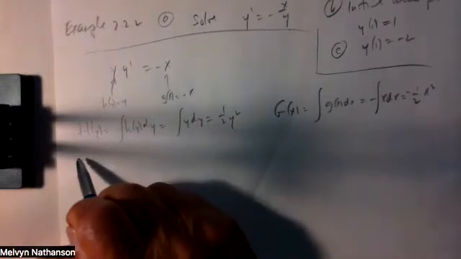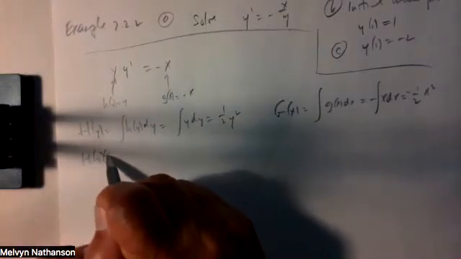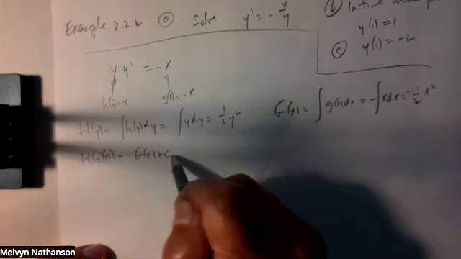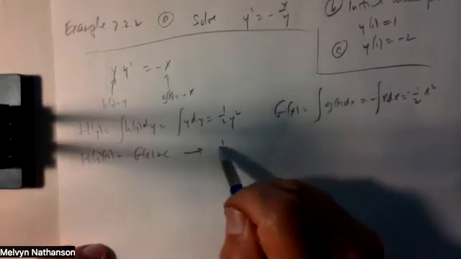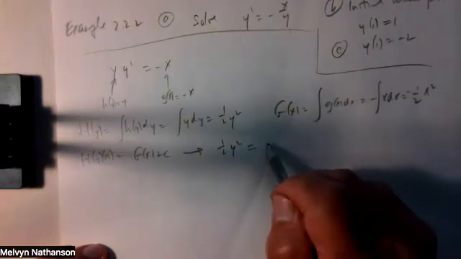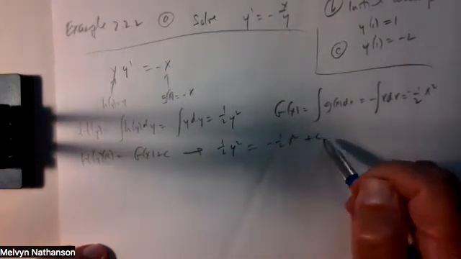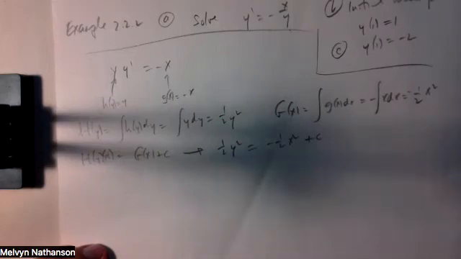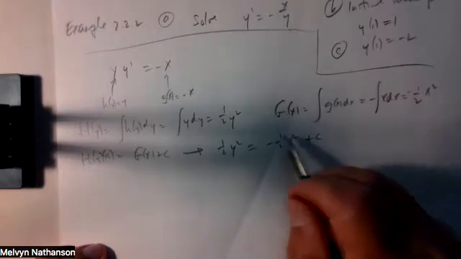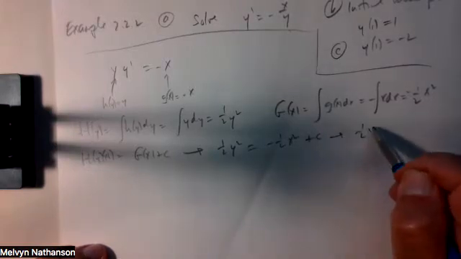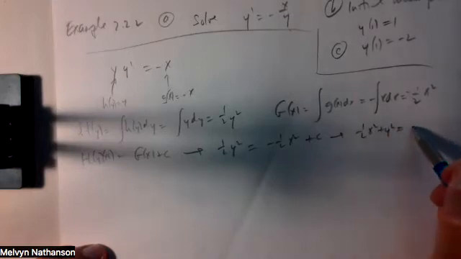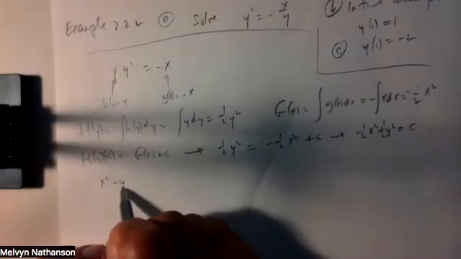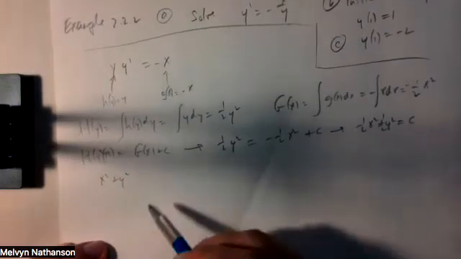So the statement that H of y of x equals G of x plus a constant is the same as saying a half y squared equals minus a half x squared plus a constant. Or if I bring this to the other side of the equation, that's a half x squared plus a half y squared equals c, or x squared plus y squared, just multiplied by 2, equals 2c.